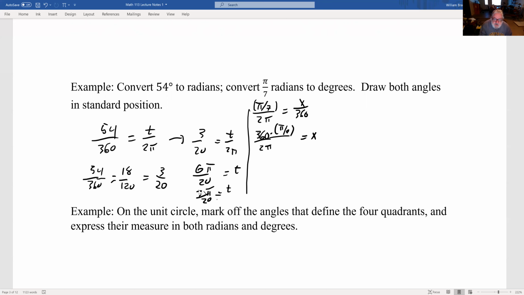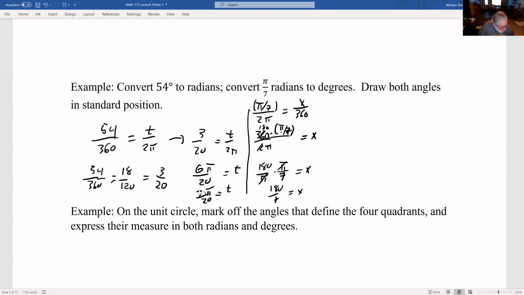Oh, and that's a 7 under there, pi over 7. Okay, so we can do a little bit of simplification here. This 2 can cancel out of that. And remember, if I have this fraction times this divided by pi, that's going to be 180 over pi times pi over 7. So the pi's will cancel out. So x is 180 over 7 degrees.